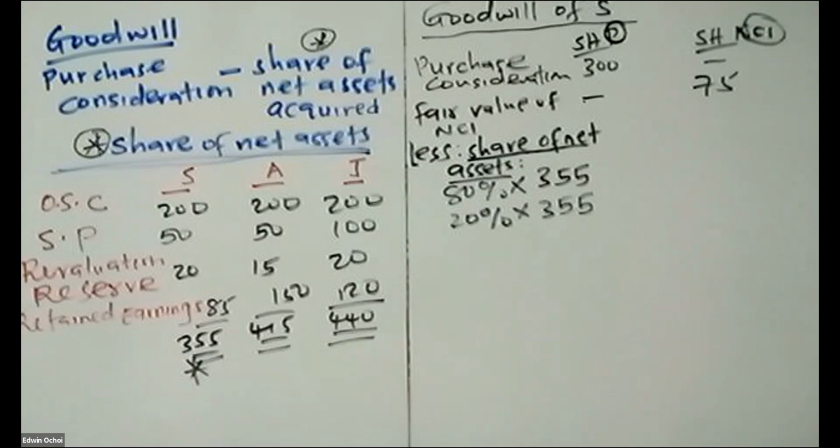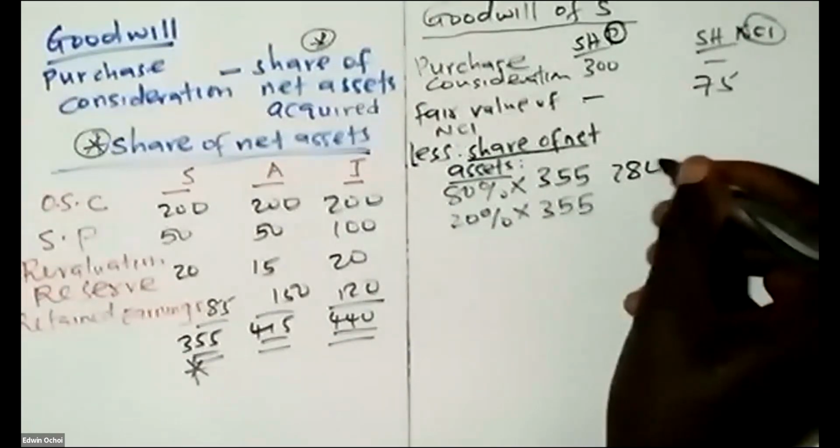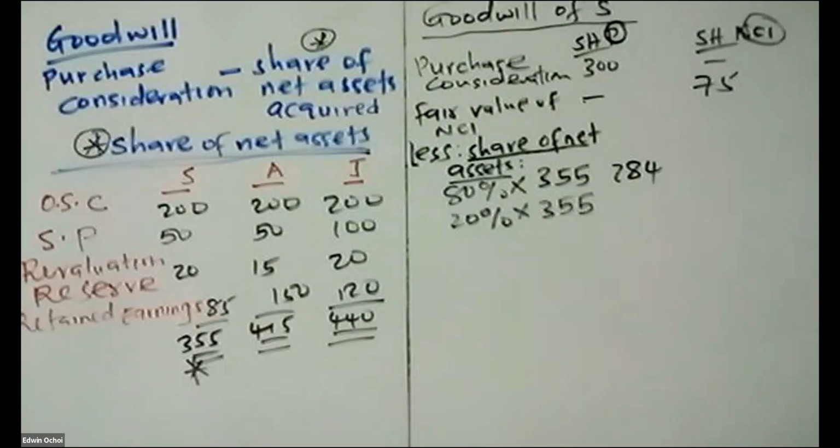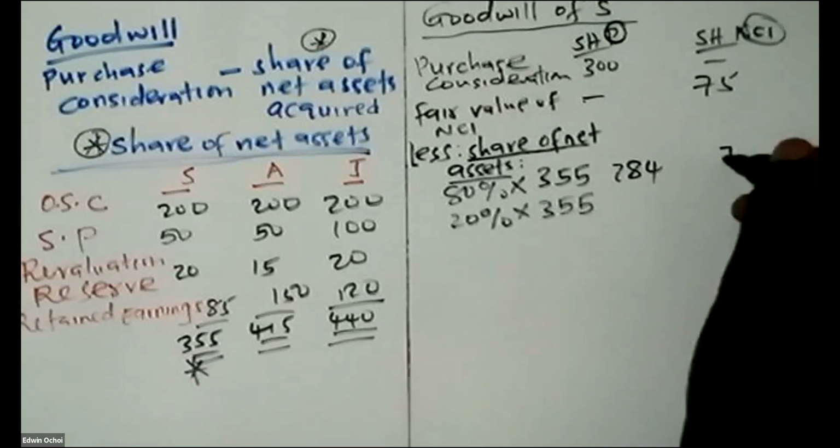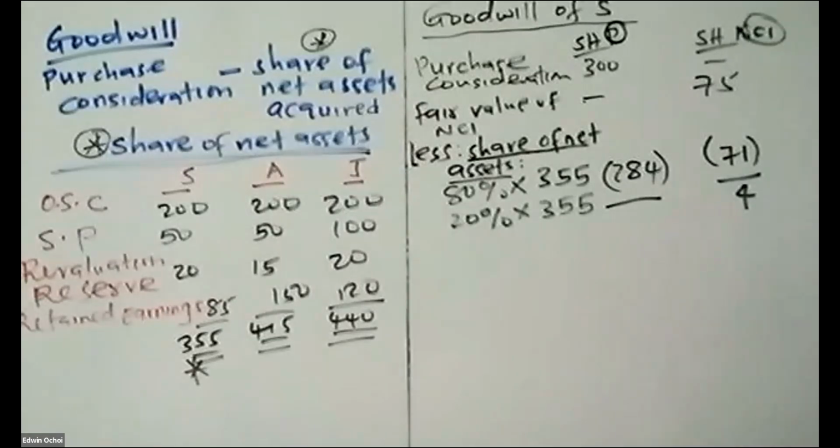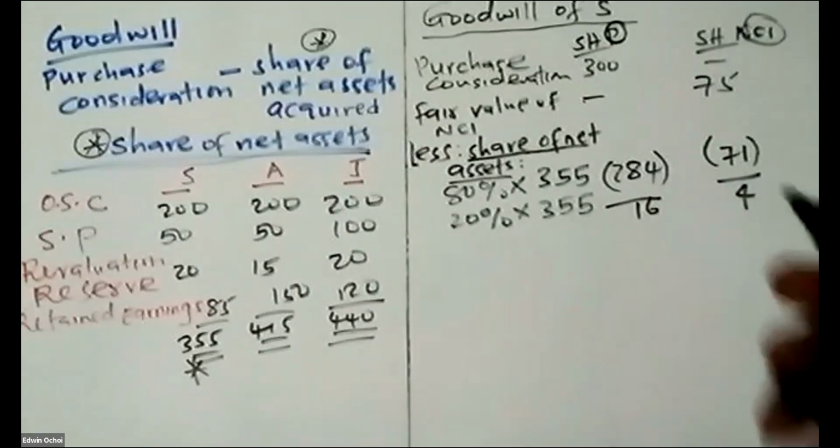The percentage which was unacquired in S is 20%. That is the NCI. So the first one is 284, and the 20% is 71. So if you subtract, this is 16.